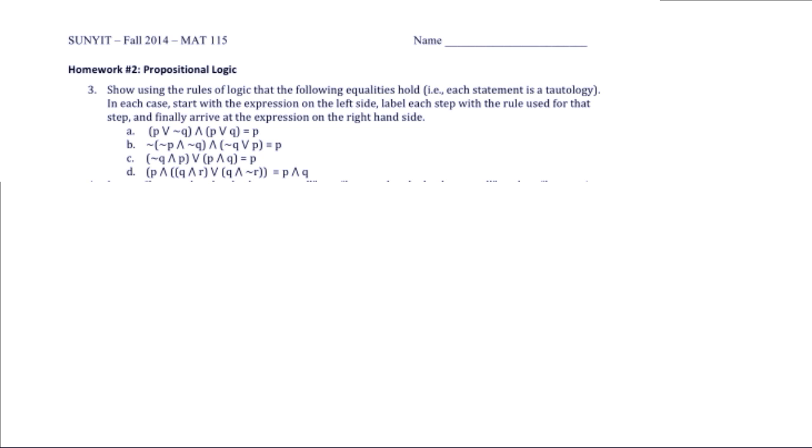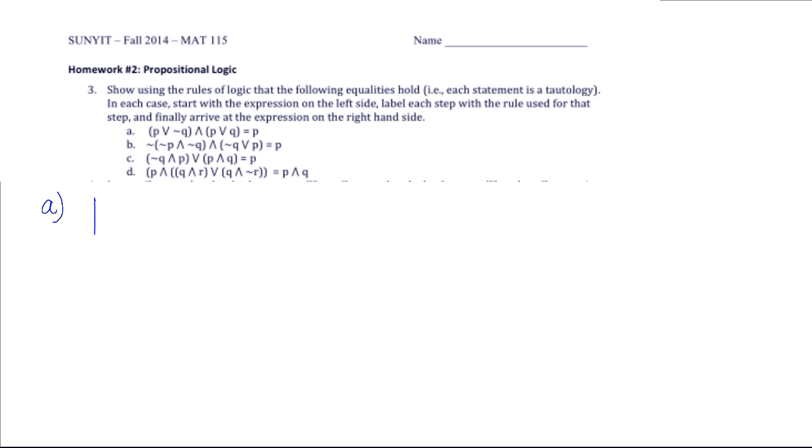So I'm going to start with part A, and I'm going to show that this left hand side is equivalent to P. And I'll do that by starting with the left hand side and noticing that I can use the distributive law and factor out.